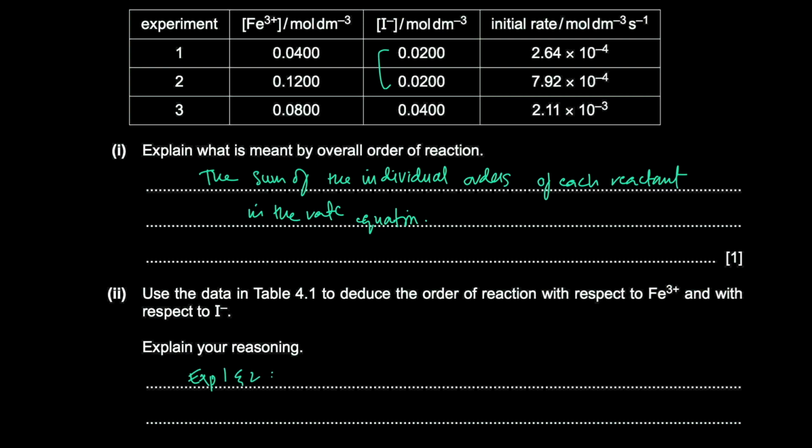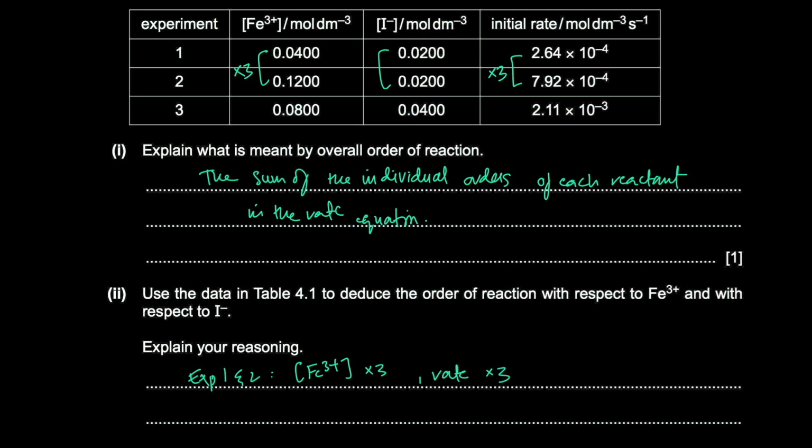The concentration of Fe3+ is increased by a factor of 3, whereas the concentration of iodide remains unchanged, and the rate changes by a factor of 3 as well.